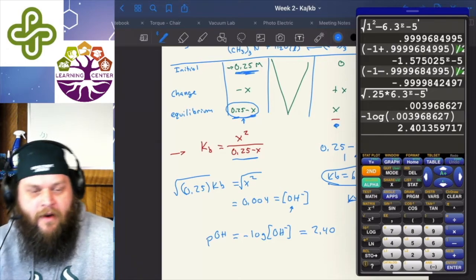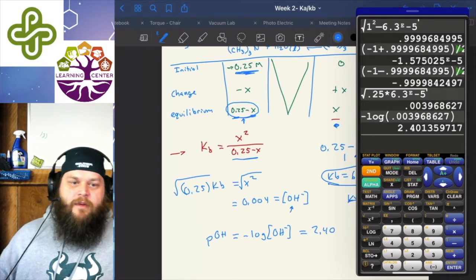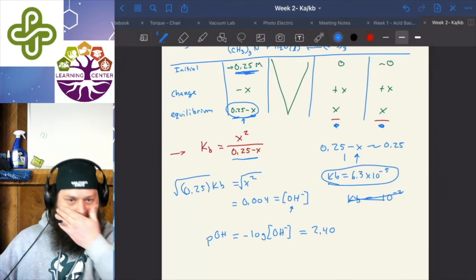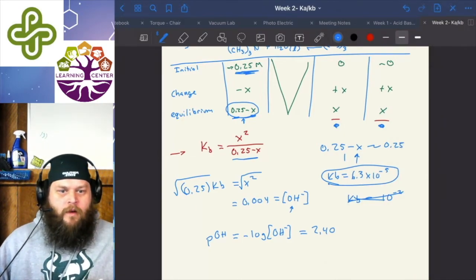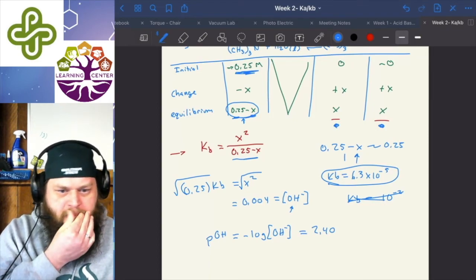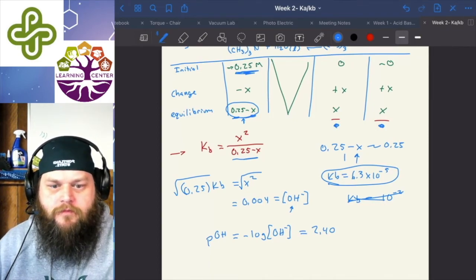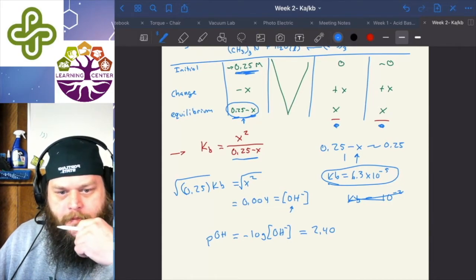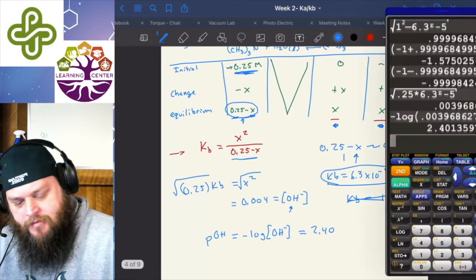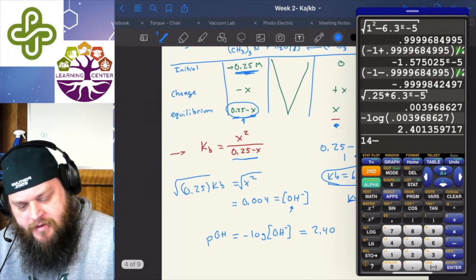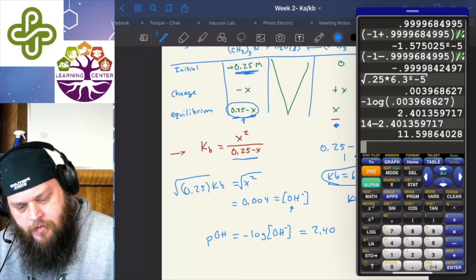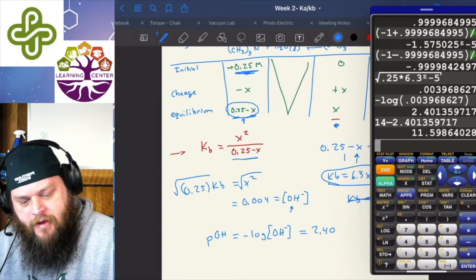And how can we find from that the pH now that we have the pOH? There you go. You got it. 14 minus 2.4 is 11.59.